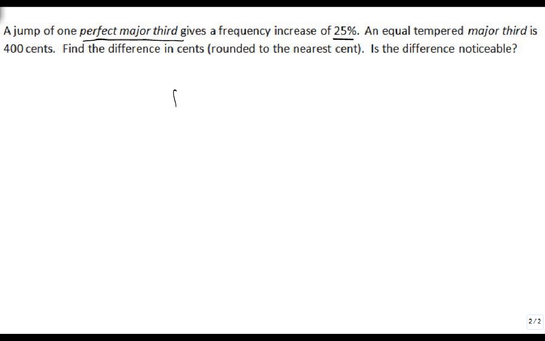So the new frequency is equal to the old frequency plus 0.25 of that frequency, or 1.25 of that frequency. And so that's how much it increases by if it increases by a perfect major third.